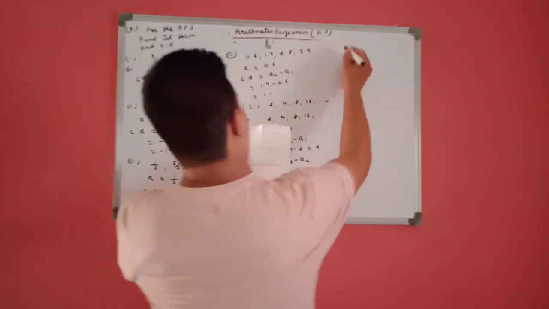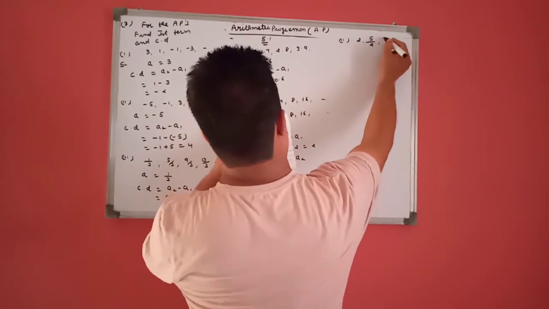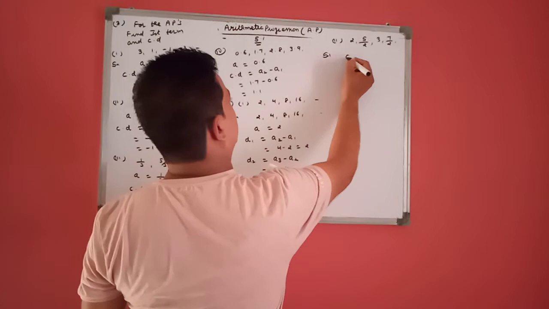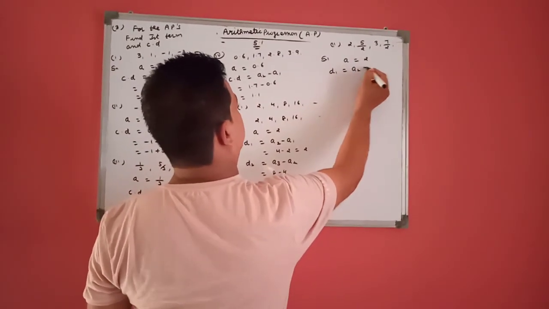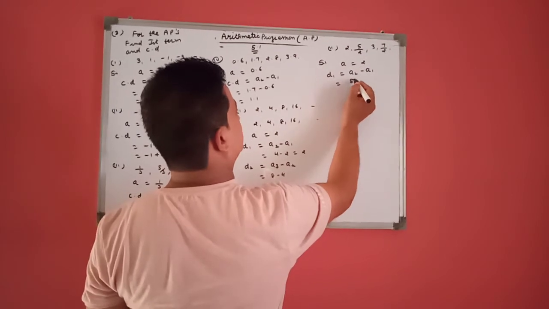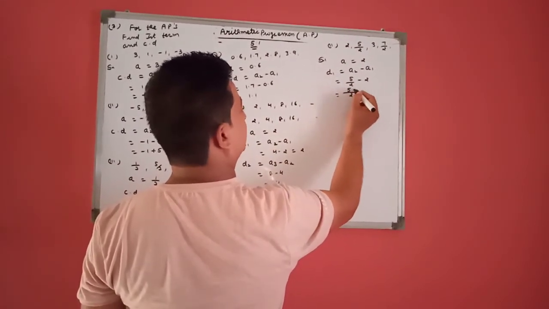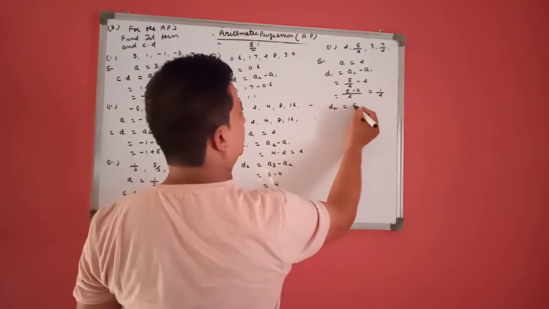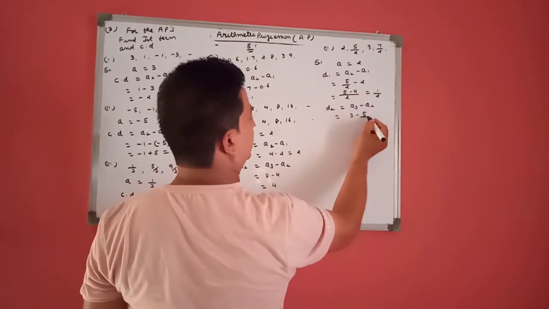In the second part, the statement is 2, 5/2, 3, 7/2. In this question, the first term is 2 and d1 is a2 minus a1, which is 5/2 minus 2. Taking the LCM, 5 minus 4 is 1/2, and d2 is a3 minus a2, which is 3 minus 5/2.